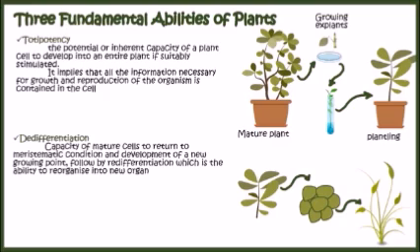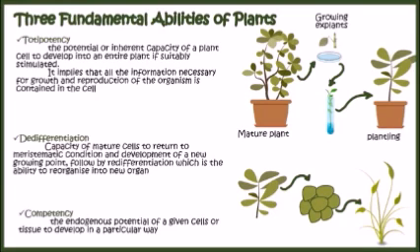So this phenomenon of differentiation, de-differentiation and redifferentiation makes it possible to culture plants, and several aspects of tissue culture are possible due to this phenomenon. And third is competency, which simply means the endogenous potential of a given cell or tissue to develop in a particular way.